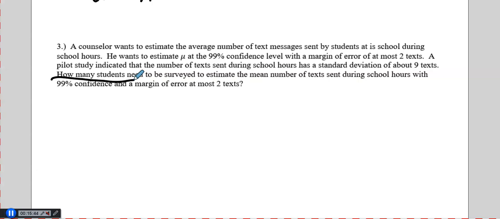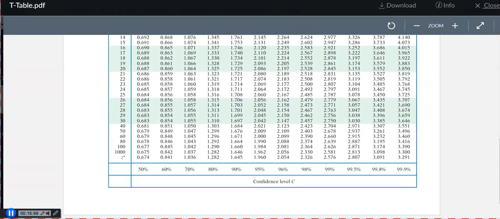Okay? Now, remember, when we're trying to find out the number of people, we can't use the T chart per se because, well, we don't know the number of people to figure out the degrees of freedom. So we go to the bottom of our T chart where the Z is.